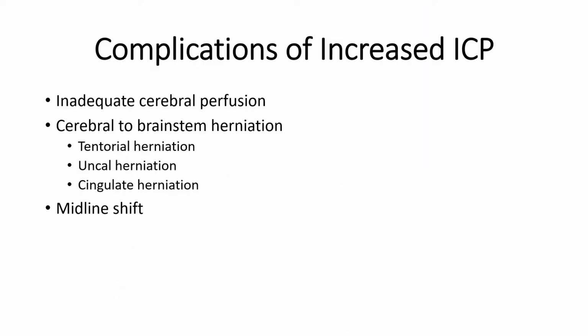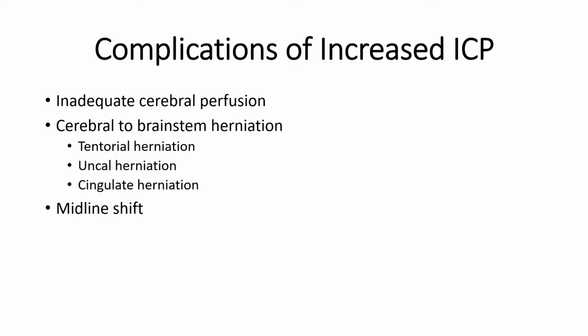So major complications of increased ICP that we really don't want going on is, of course, inadequate cerebral perfusion. So if we have that compression, we have that edema to the brain, we're going to have compressed blood flow to the brain. So we're not going to get that good blood flow, and we'll have that decreased cerebral perfusion. Which is the worst is cerebral brainstem herniation.